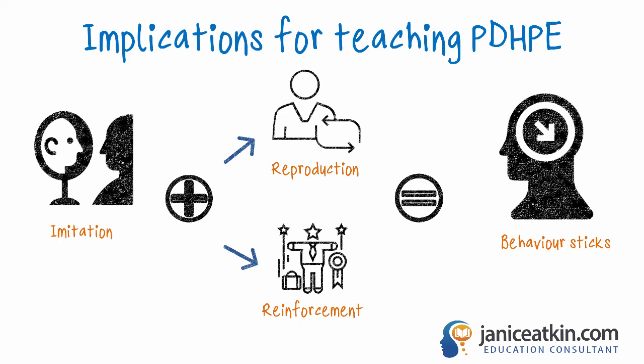And while they're practicing and refining those behaviours or skills, we can include positive reinforcement along the way, both from ourselves as teachers and from their peers, which will further increase the potential for that behaviour or skill to stick. So it's important as we teach students and as they practice and refine their skills and behaviours, that we reinforce success along the way and we celebrate all progress in order to maintain motivation.